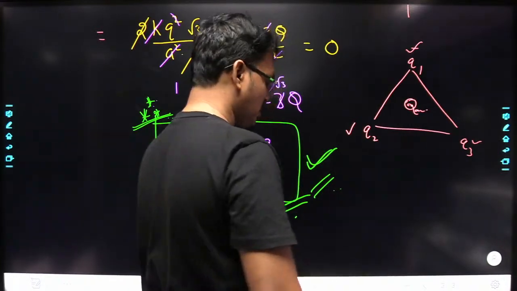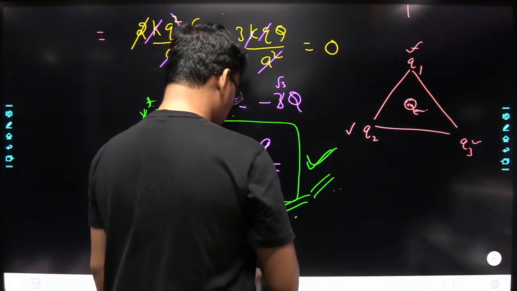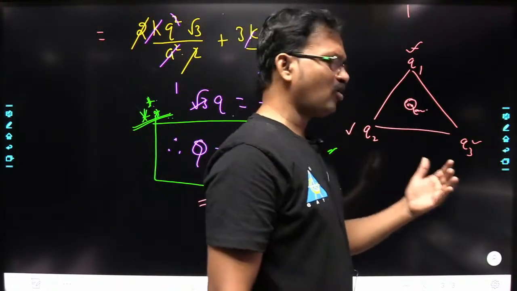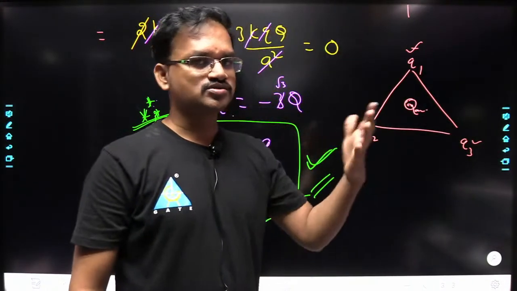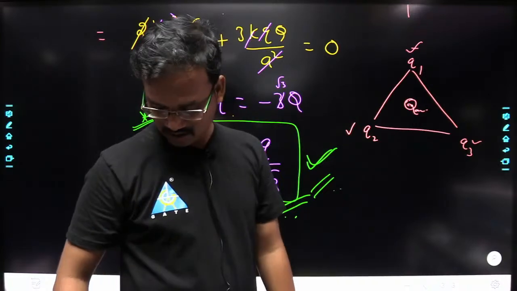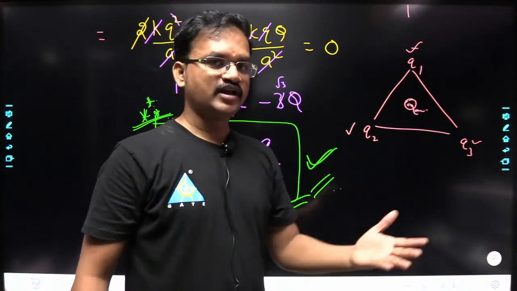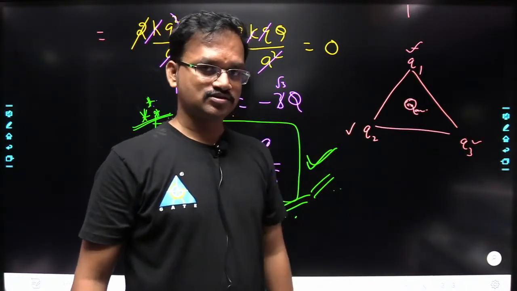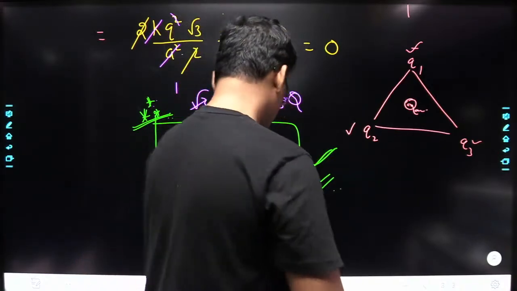So that type of problem they won't ask. They don't give some random charge distribution and ask to determine the field. It is not possible for anyone to calculate that mathematically, so don't worry about that.